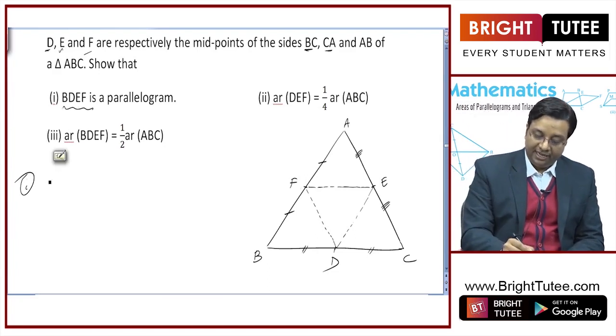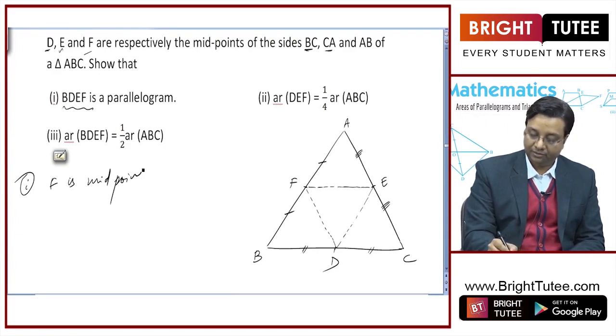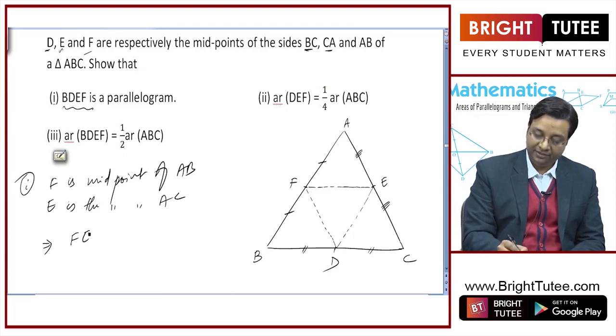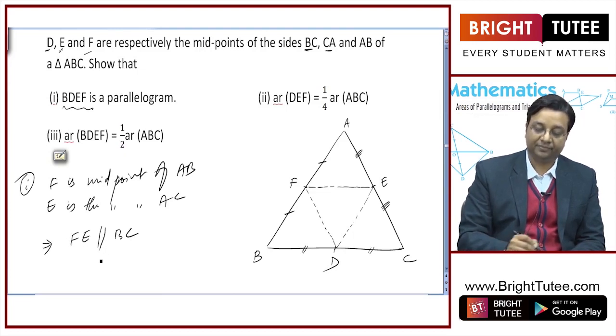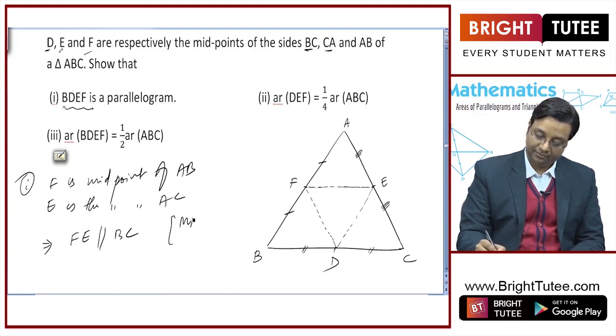So if I say F is midpoint of AB, E is the midpoint of AC, hence FE is parallel to BC. Why? Because of the midpoint theorem.